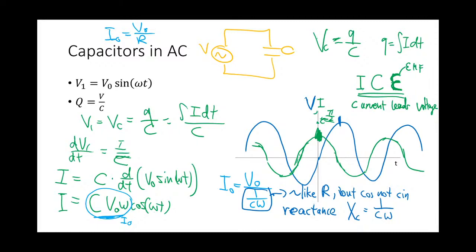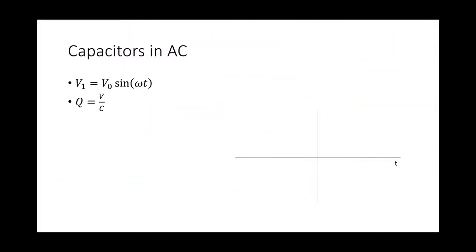Let's reason out what is going on a little bit qualitatively. This dependence, XC equal to 1 over C omega, tells us that if we have a bigger capacitance, we end up with a smaller quote-unquote resistance.